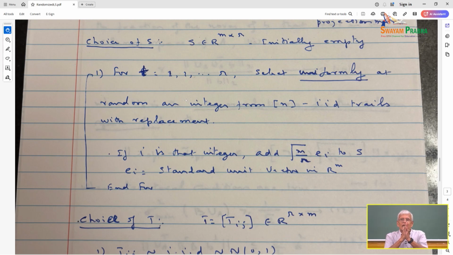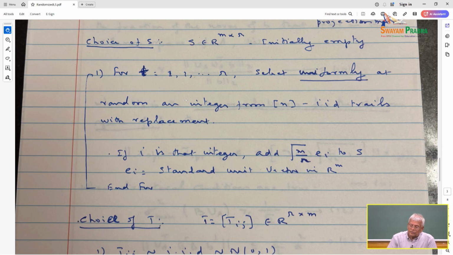Originally, the matrix S has m rows and r columns, all are 0, empty. Empty means zeroed out. Initially, I pick an integer i with a probability 1 over n in the interval 1 to n.